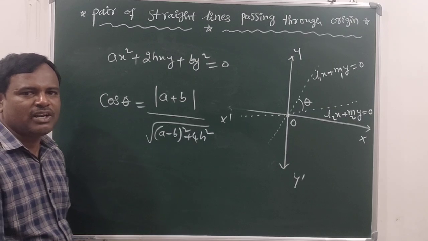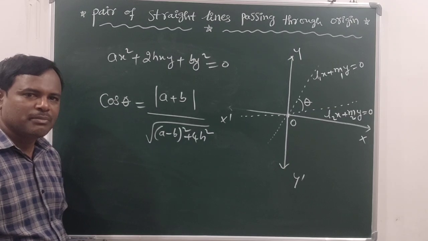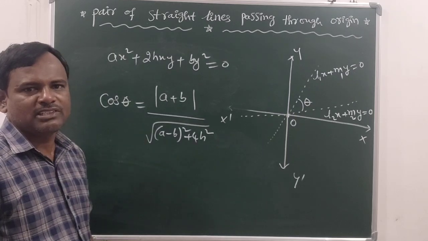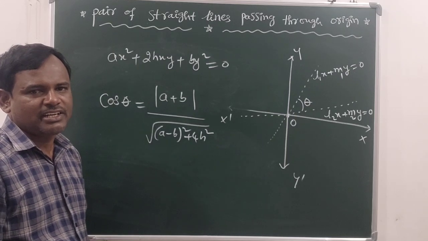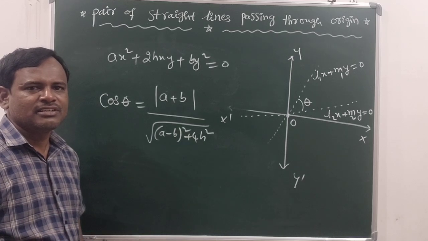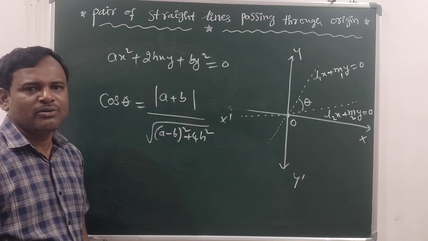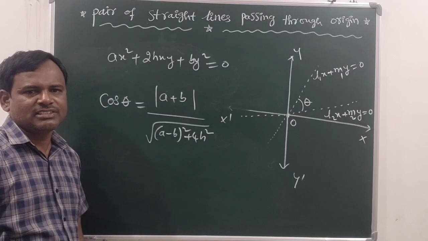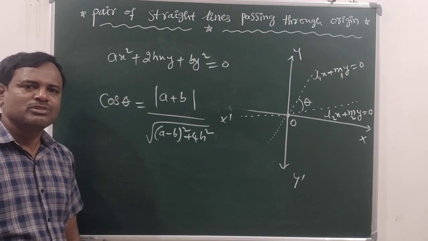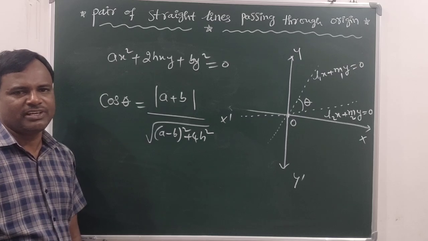In the options, they may give you acute angle or obtuse angle. Sometimes while doing the application, you may get theta as 30 degrees, but in the options they may not give you 30 degrees; they may give you 150 degrees. So this 30 must be subtracted from 180, so that you will get obtuse angle 150 degrees.